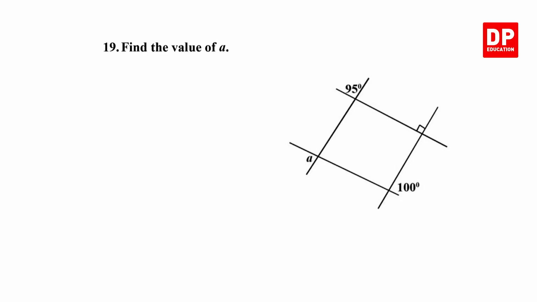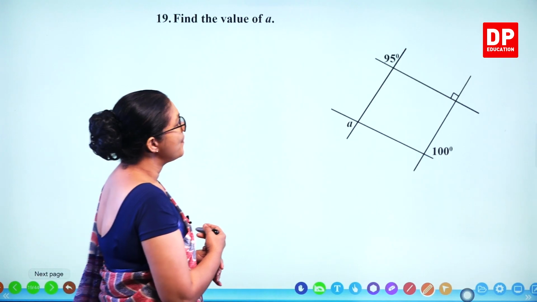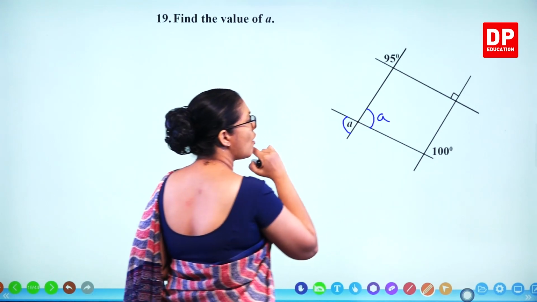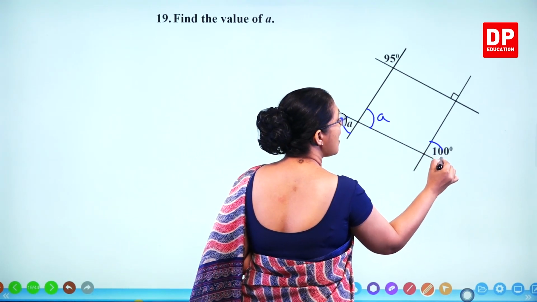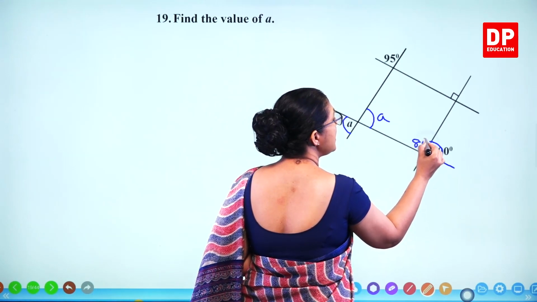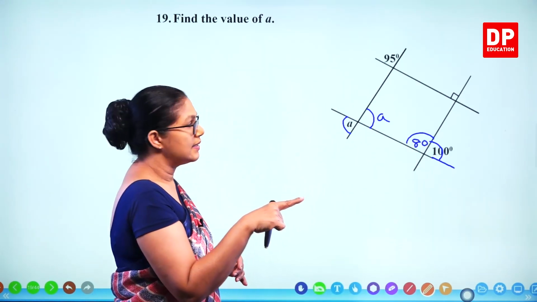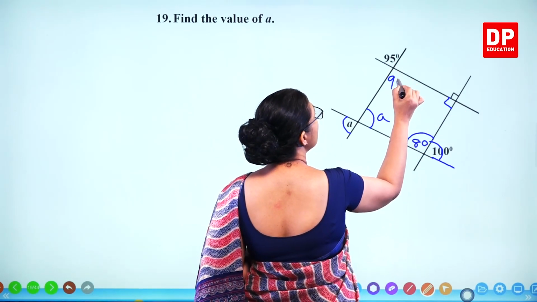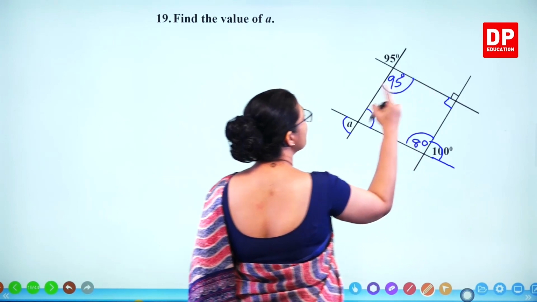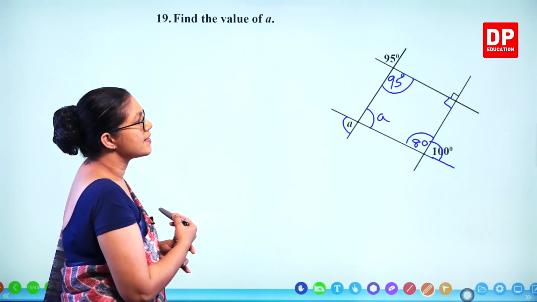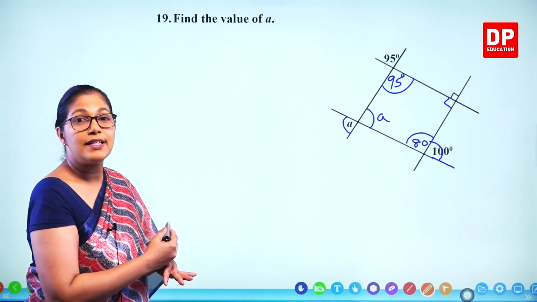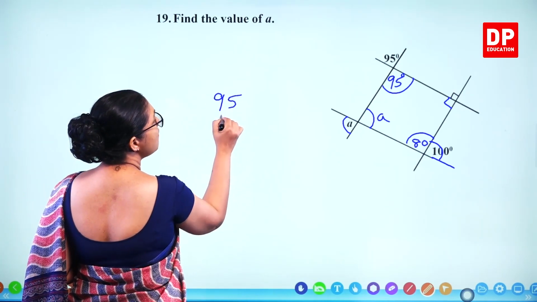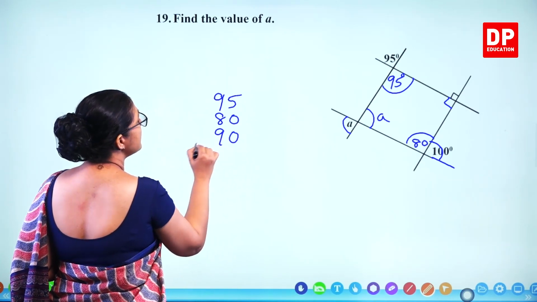Question number 19. Find the value of A. You can write down. If this is A, this is also A. Opposite angles are equal. This is 100. And this becomes 80 because that's a straight angle. This is 90, so this is 90. If this is 95, this is 95. Now this is a quadrilateral. Sum of angles in a quadrilateral is 360. So add and see. 95, 80 and 90.